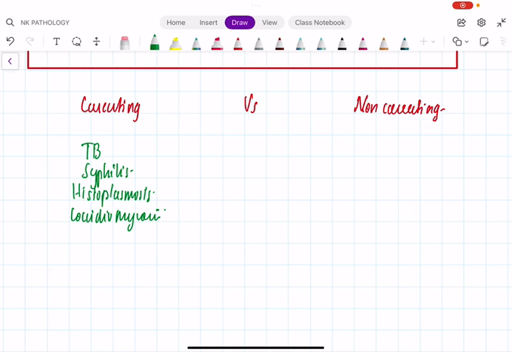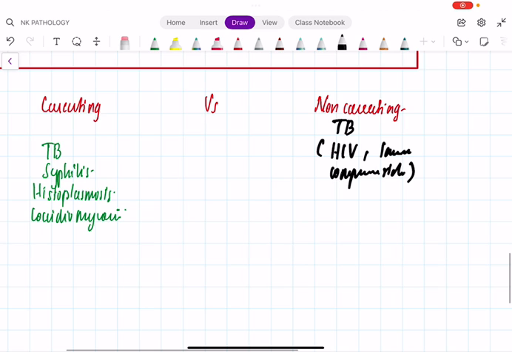And in non-caseating, remember TB can be non-caseating in HIV or immunocompromised individuals. TB can be non-caseating. Why? Everything you will learn in micro. Then sarcoidosis. Again, sarcoidosis is non-caseating, non-infective.